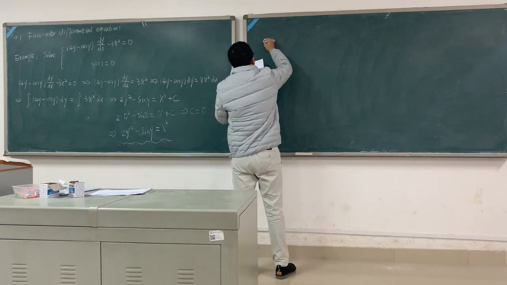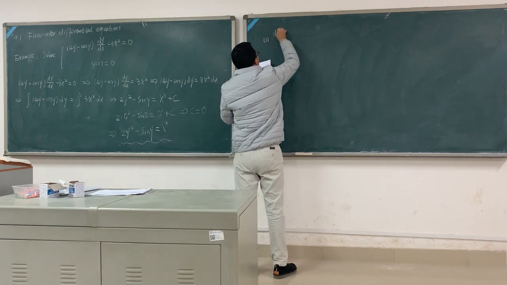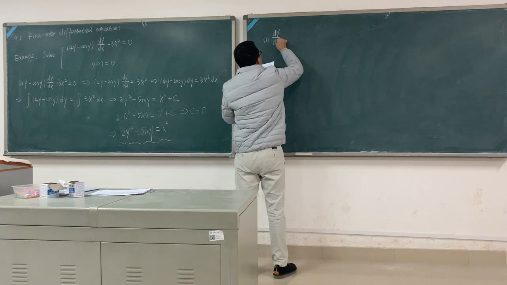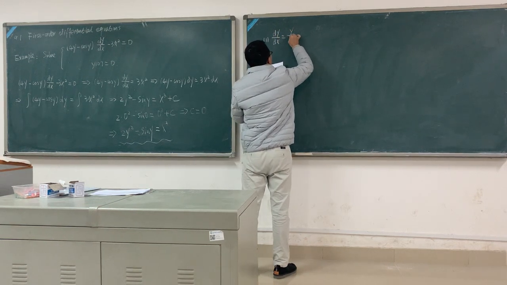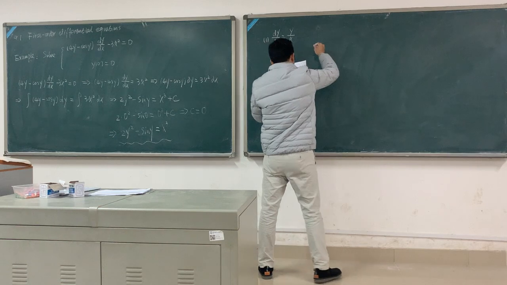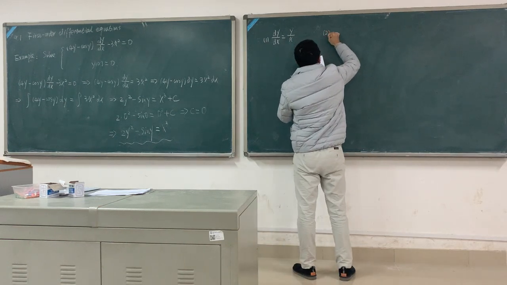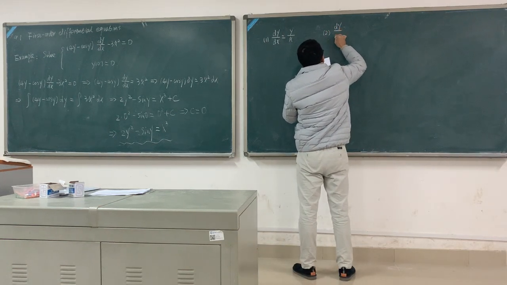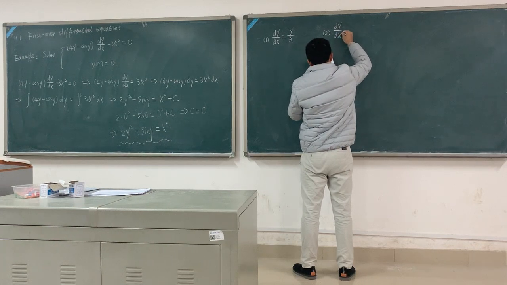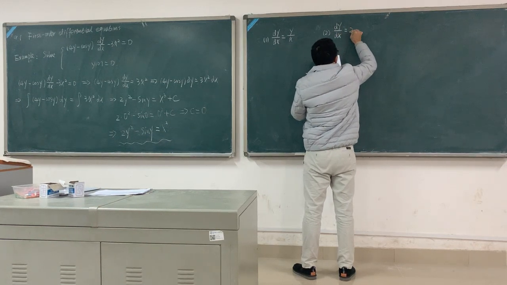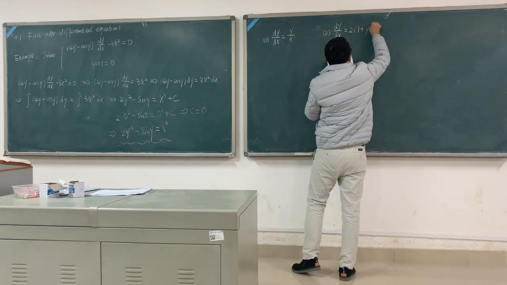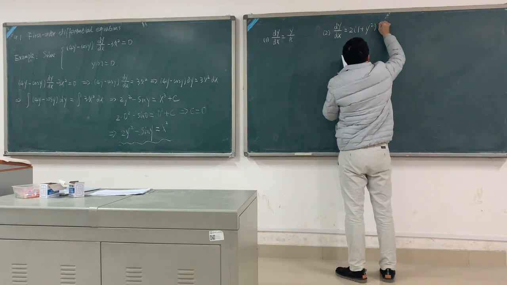First is dy/dx equal to y by x. The second is dy/dx equal to 2y plus y squared times x.